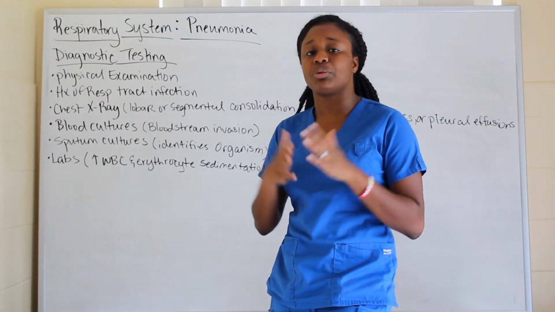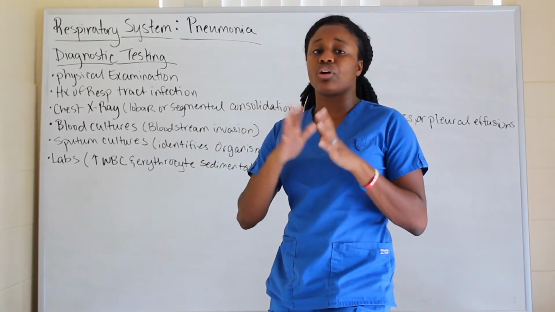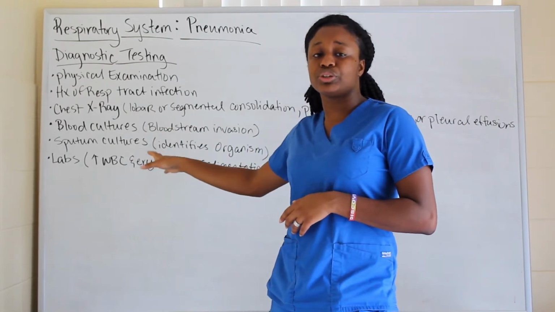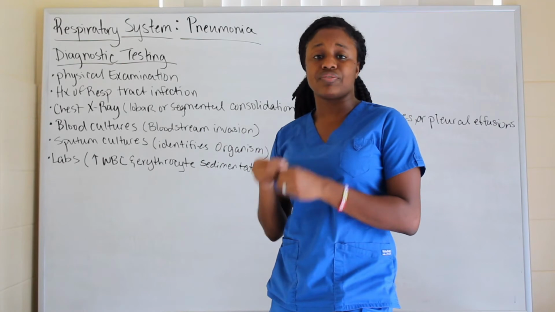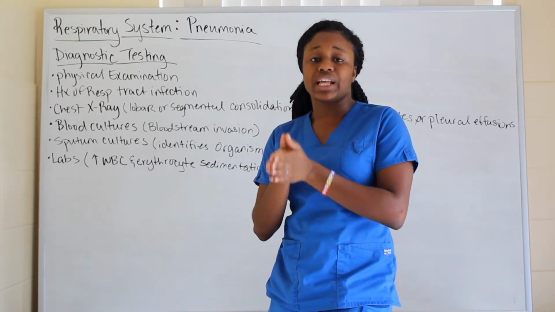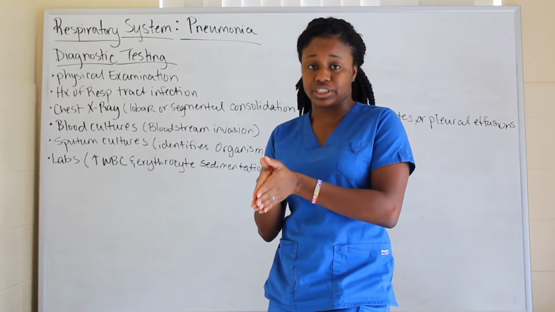So what you do is give them a broad spectrum antibiotic, which is pretty much an antibiotic that works for a big group of bacteria. Once you find out what the sputum culture is and you are able to identify that organism, then you're going to use the specific antibiotic for that specific organism to make sure that you kill it.